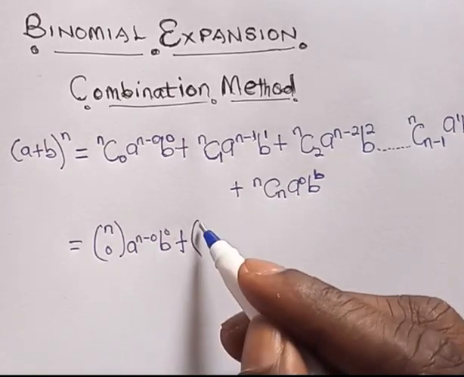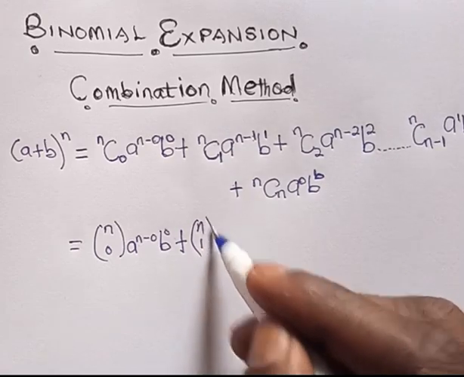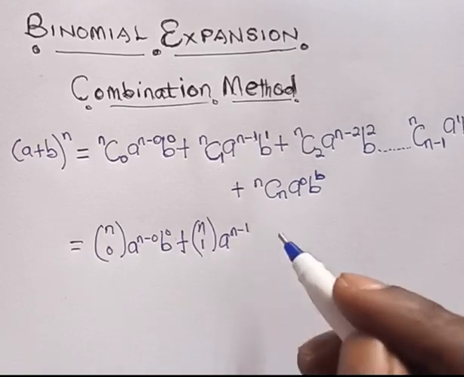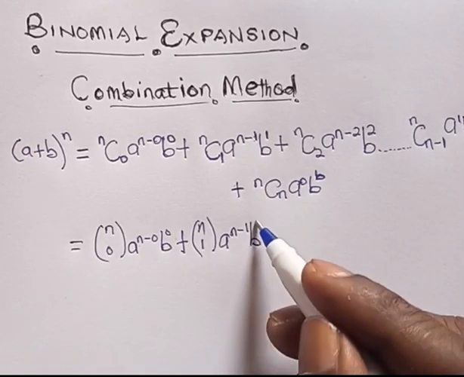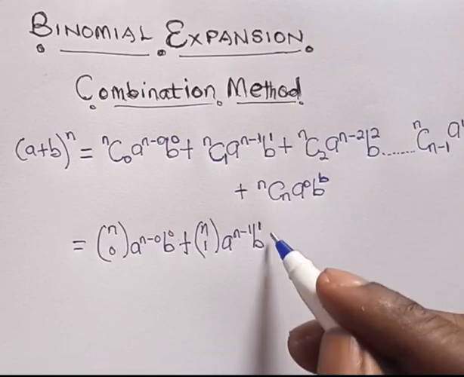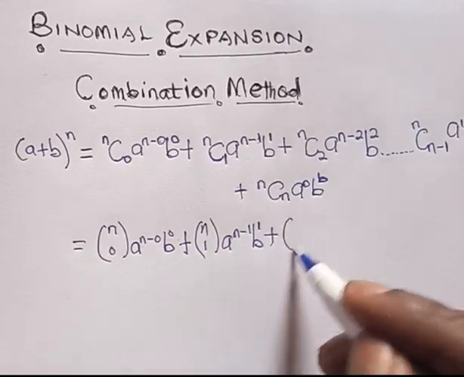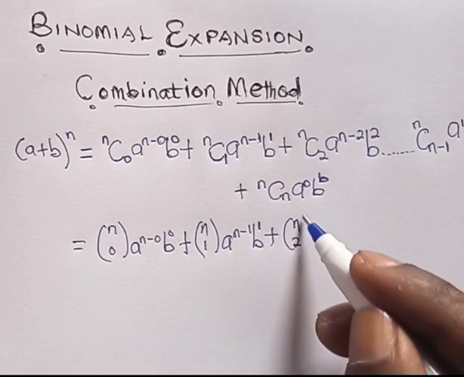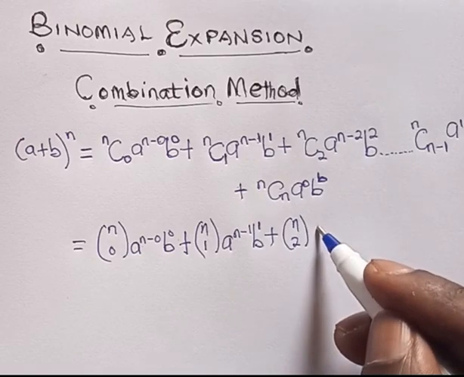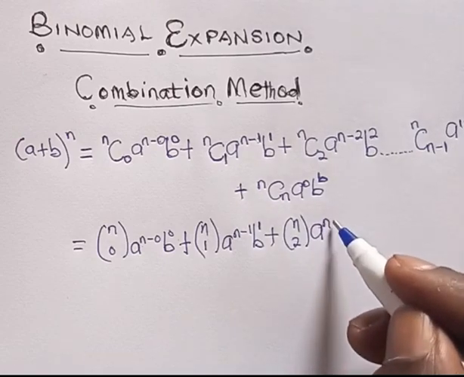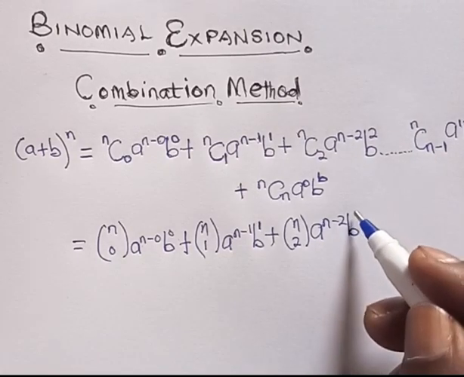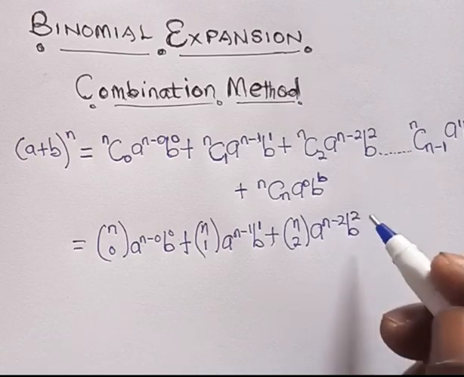We have here n 1, and then a exponent n minus 1, then b exponent 1. Plus n, then 2 here as the base, then a, then b 2.